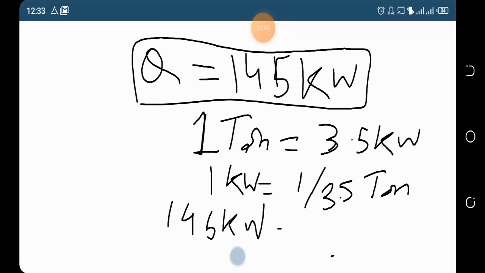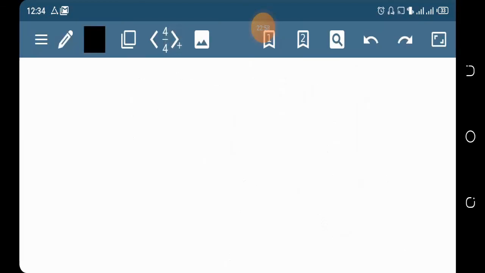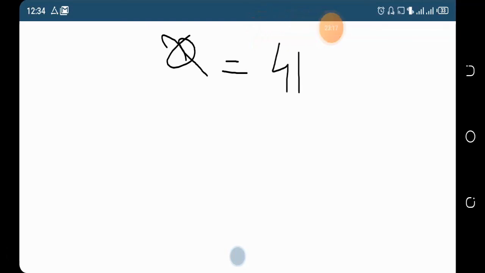Converting into tonnage, 145 divided by 3.5, you get the value of Q, the cooling capacity, which is 41.4 ton. You can write it like this.